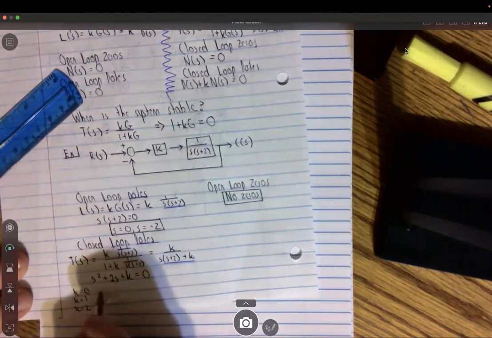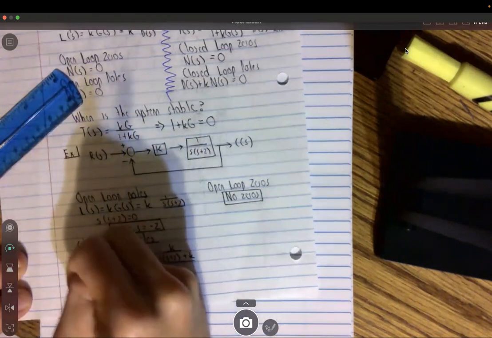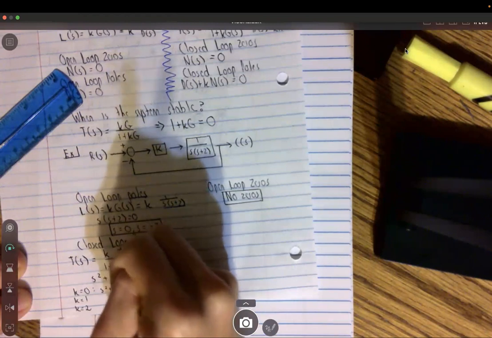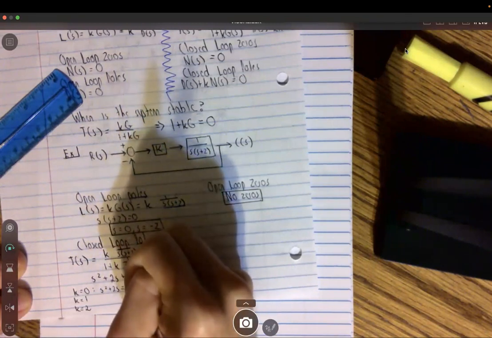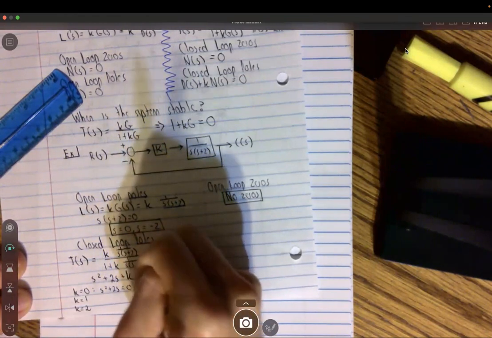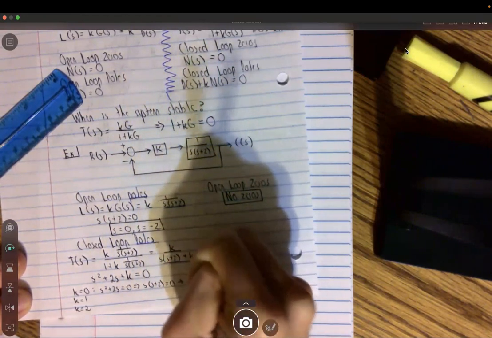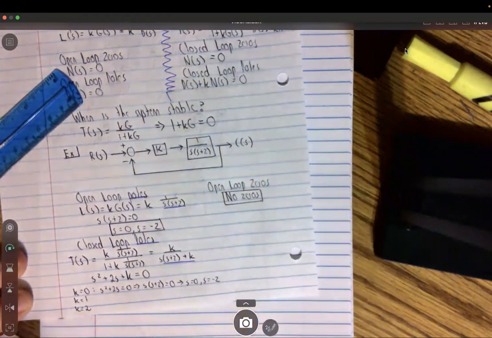When k equals 0, this denominator is just s squared plus 2s equal to 0, which is s times s plus 2 equal to 0. So your poles would be at s equals 0 and s equals -2.